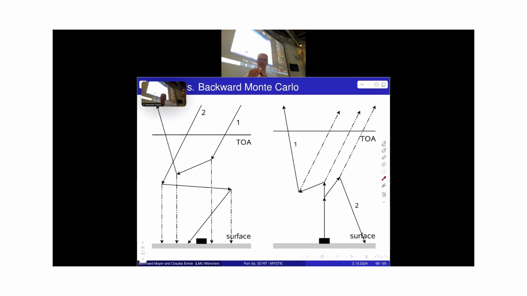But multiple scattering doesn't work because you're scattered out of your direction, and the next scattering is probably not into the cone again. It would be highly unlikely, so you don't get any contributions. So you have to force your photon twice. You have to force the photon to go into the beam and then the right direction. So it becomes more complicated, but everything is possible with Monte Carlo.